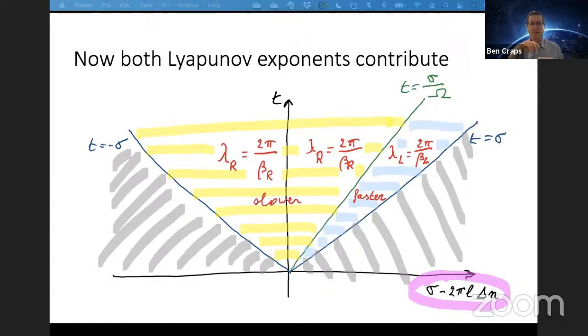So if we had a CFT on a line, so before doing the compactification, t and sigma would correspond to one point in this plot, and depending on where you land, it would be the left or the right moving temperature that came in.